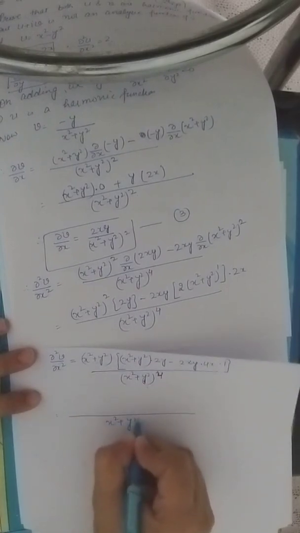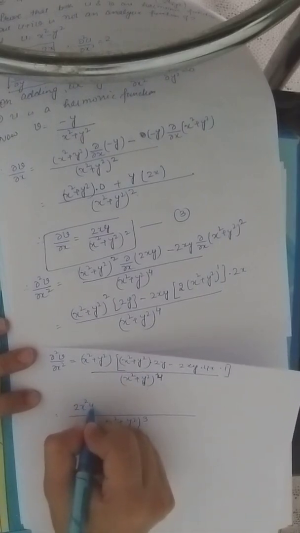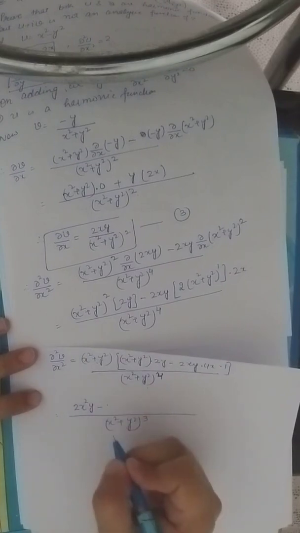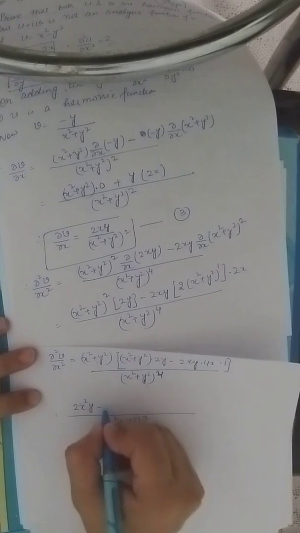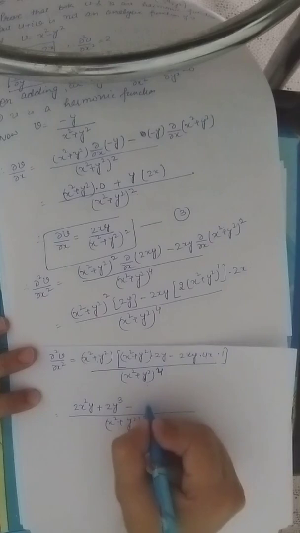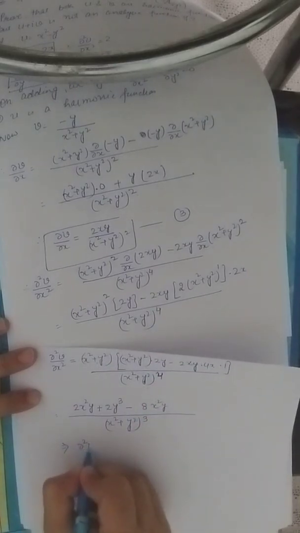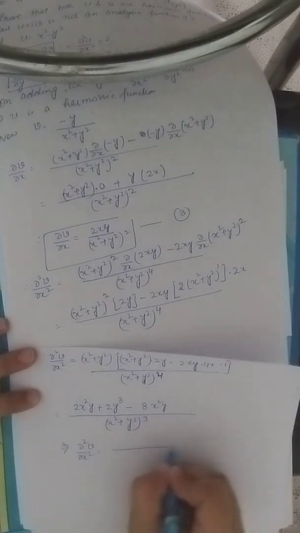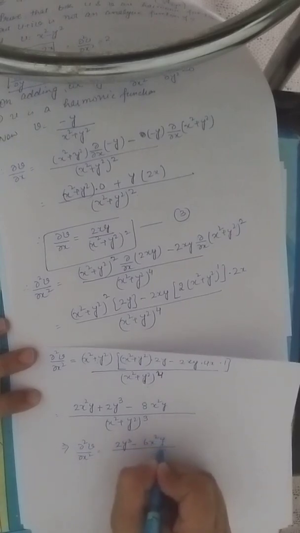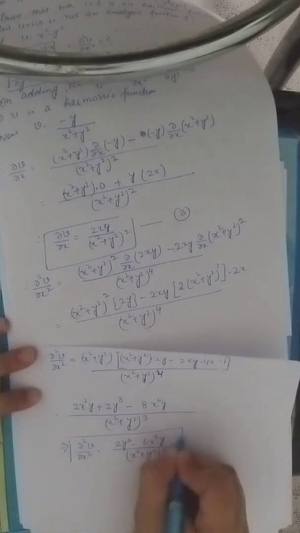In the denominator I will get power 3. Now here 2x square y minus 2x square y minus plus 2y cube minus 2 4s are 8 x square y, or this implies that ∂²v/∂x² is 2y cube minus 6x square y over x square plus y square whole cube.